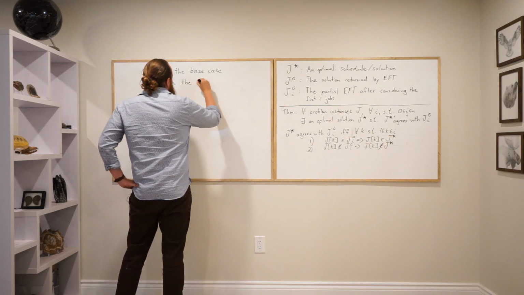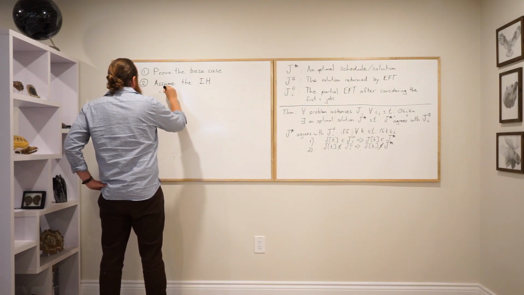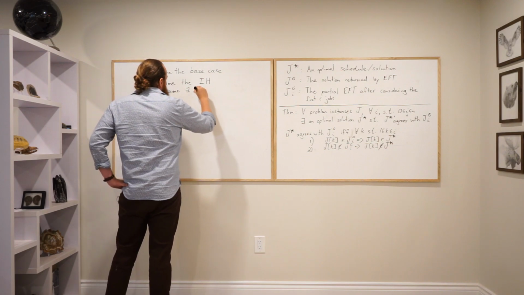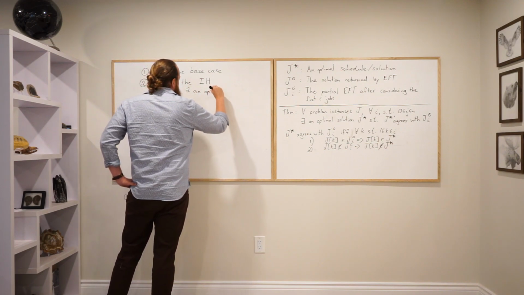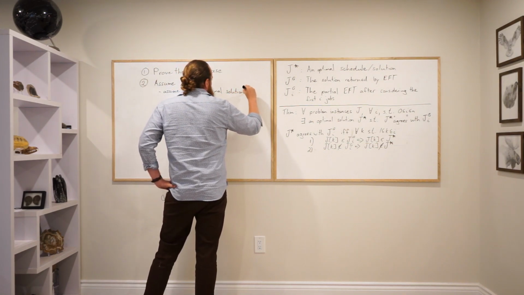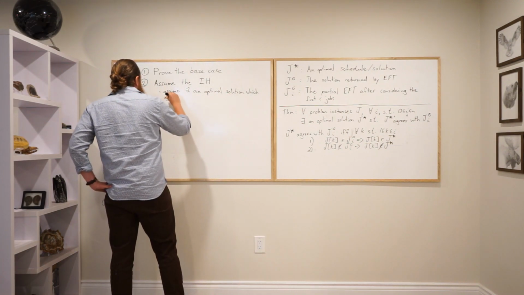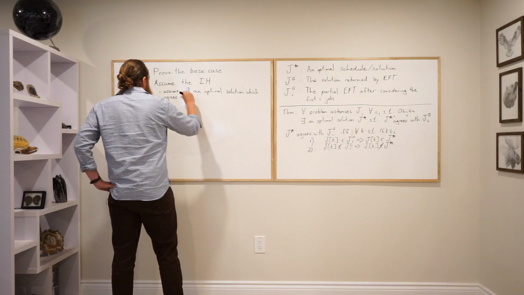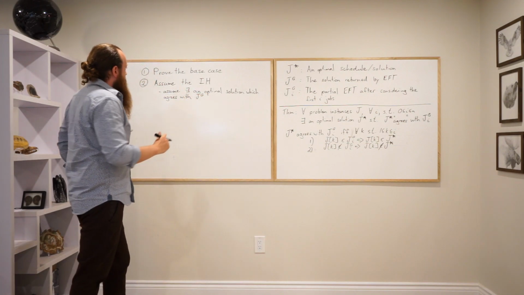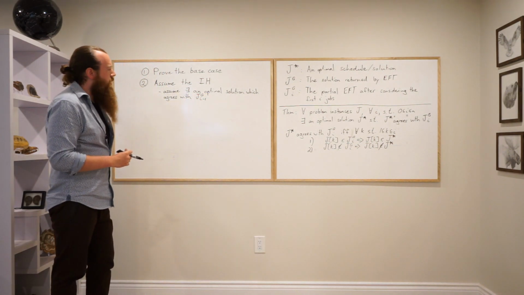Assume the inductive hypothesis. And what do I mean here? Well, we're going to assume there exists an optimal solution which agrees with my partial greedy solution after the first I minus 1 decisions or choices.